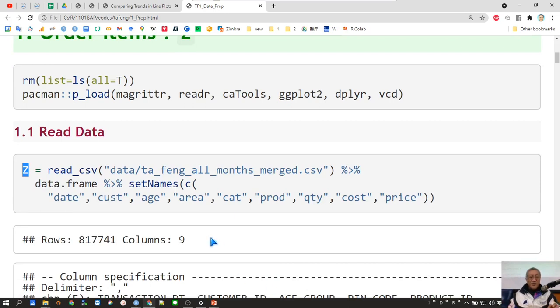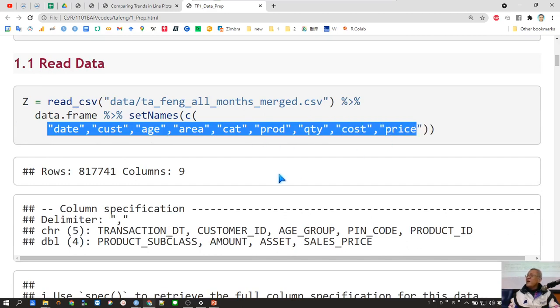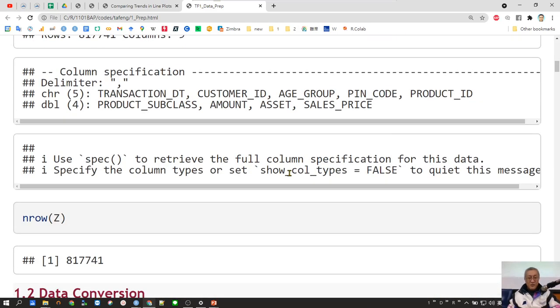Now, the second thing is, after you read in the data, you want to rename the columns, because the original column names are too lengthy. I told you, use short names, otherwise you will get into a lot of trouble, especially for the beginner.